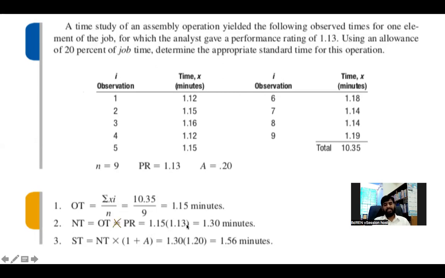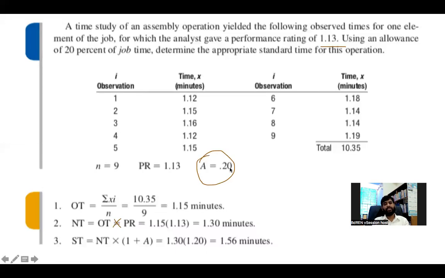performance rating. The performance rating is given here as 1.13, and your normal time is 1.30 minutes, and standard time is normal time multiplied by the allowance factor.